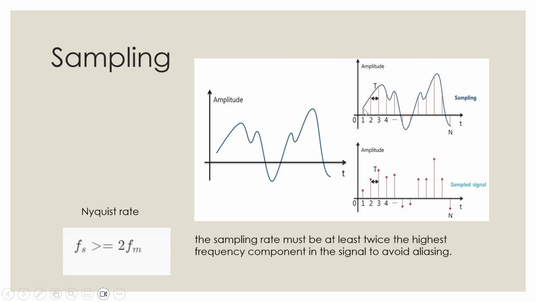We take samples from here and here and here, at a particular frequency of time. That is, we give some time interval and we take samples of this signal. This signal is continuous with respect to time, whereas this signal is sampled. That is, each and every sample is taken with some particular time duration.